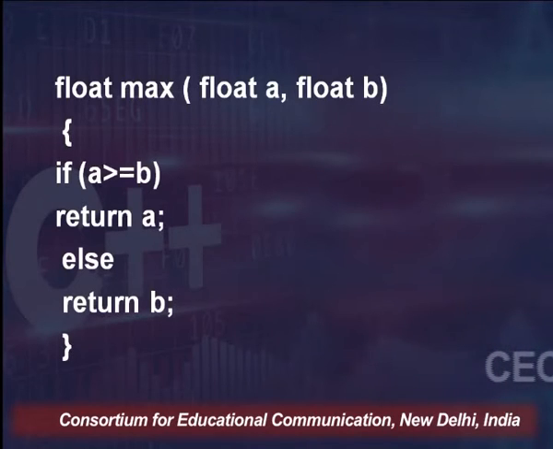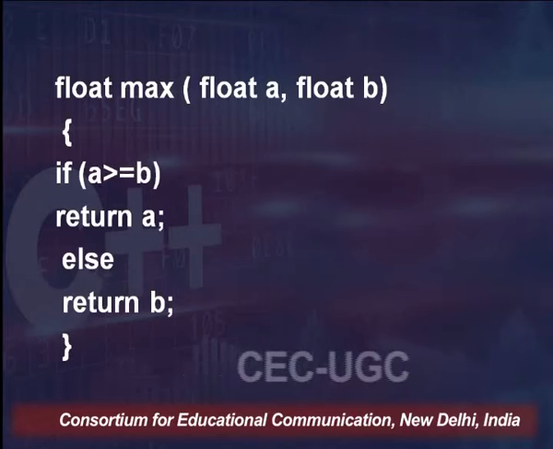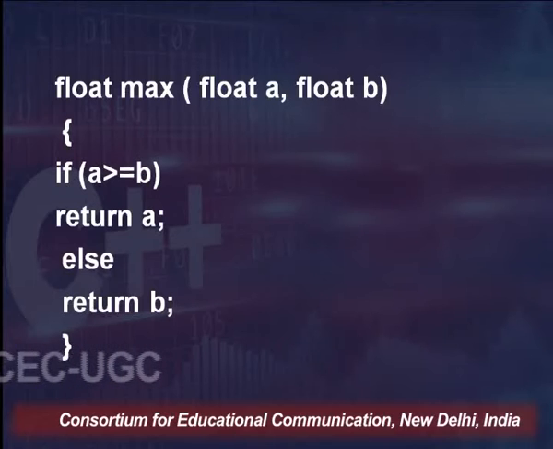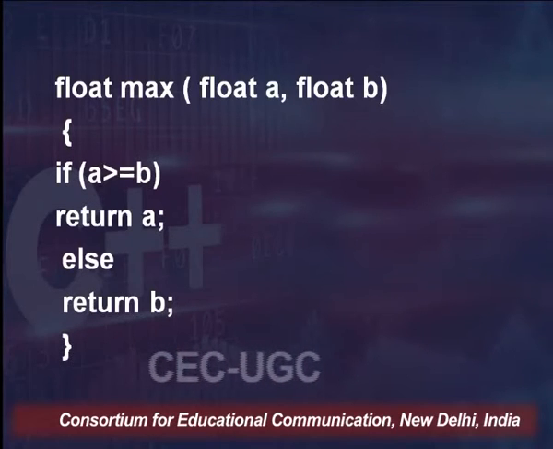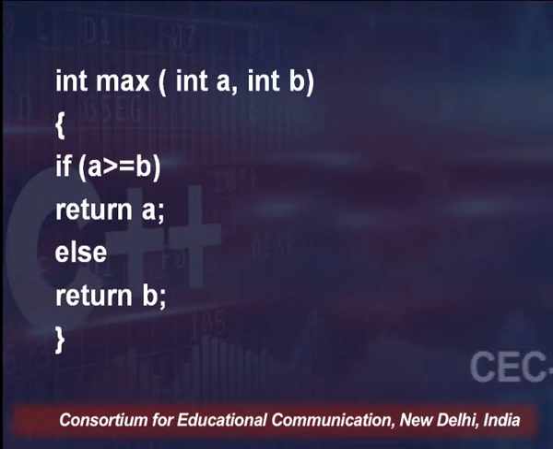Here the code is the same: it returns a if a is greater than b, or otherwise it returns b. But the parameter list here is different. The earlier parameter list had two integers and the return value was also an integer.